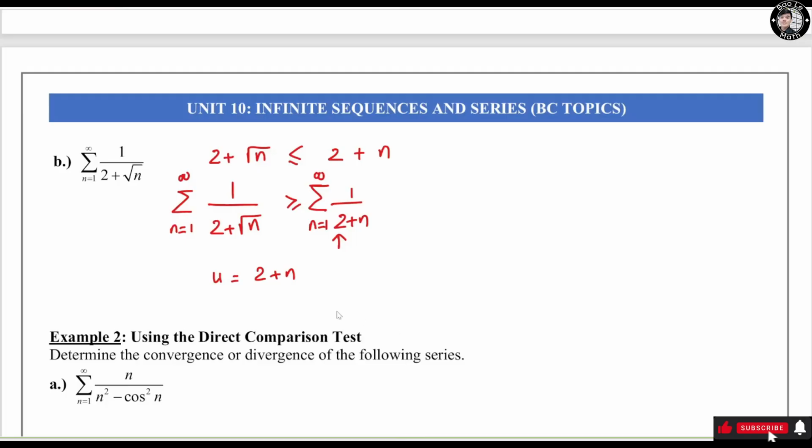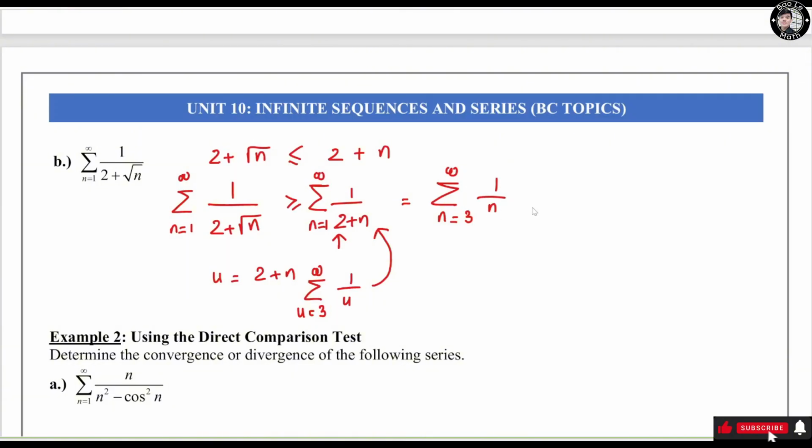So then I have sigma of 1 over u when u goes from 3 to infinity. Then I'm going to shift this back by changing the index, so this is the same thing as sigma when n goes from 3 to infinity of 1 over n.